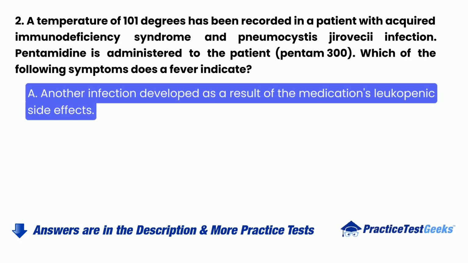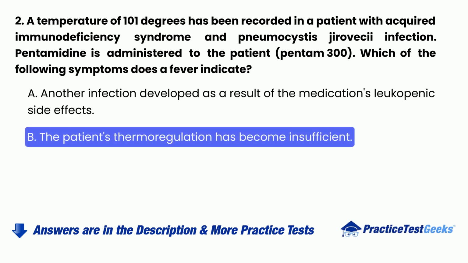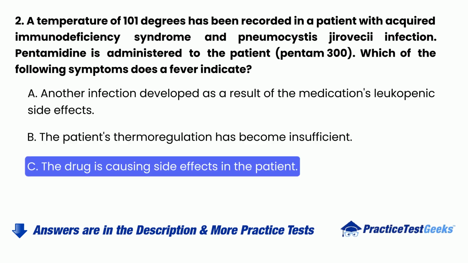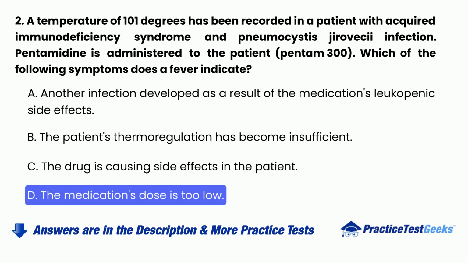A. Another infection developed as a result of the medication's leukopenic side effects. B. The patient's thermoregulation has become insufficient. C. The drug is causing side effects in the patient. D. The medication's dose is too low.